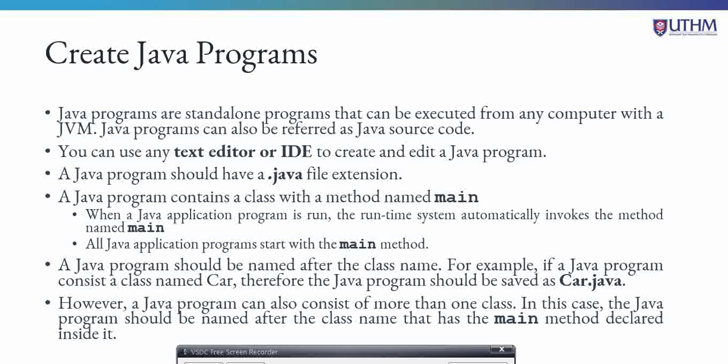A Java program should have a .java file extension. A Java program contains a class with a method named main. But it is not necessary that every Java source code should have main. Please remember this.